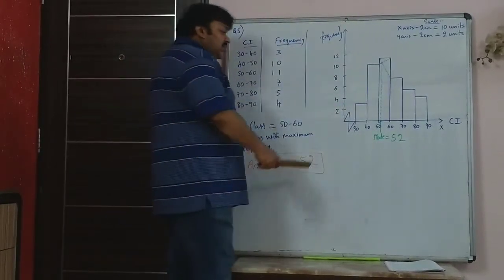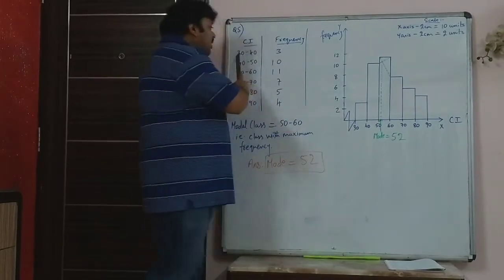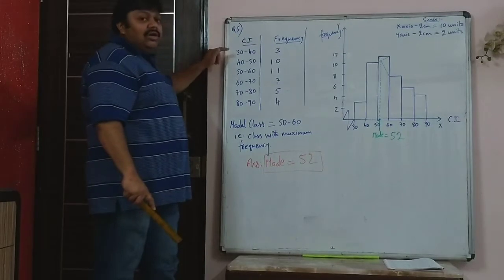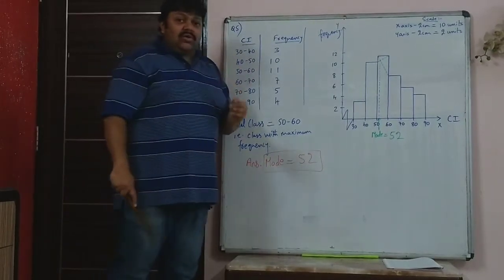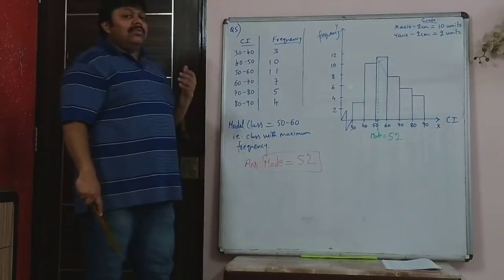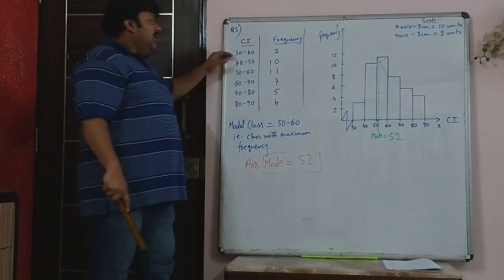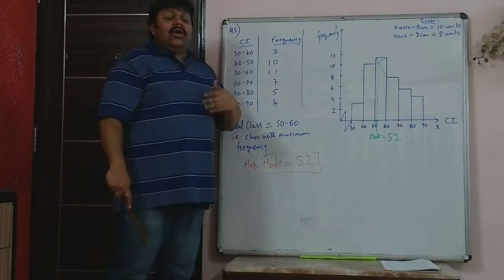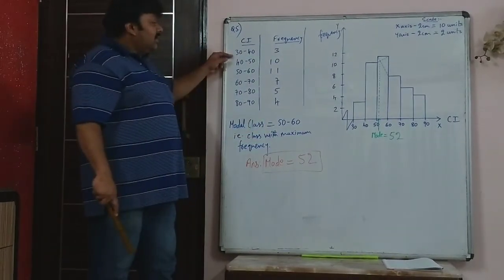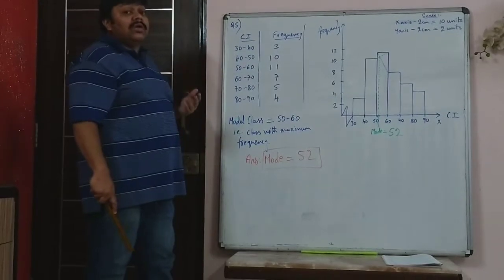So on the graph, because the first class doesn't start from 0, we have to show a kink. You know this because even last year when you did the bar graph, when the data did not start from 0, or when you did the frequency polygon, if the data didn't start from 0, you showed a kink.